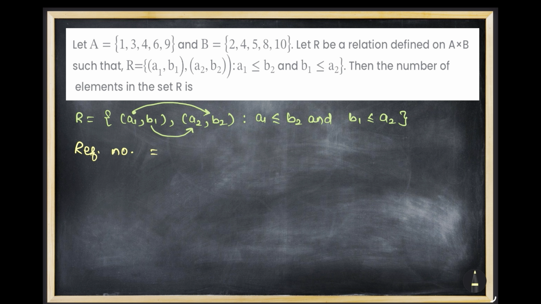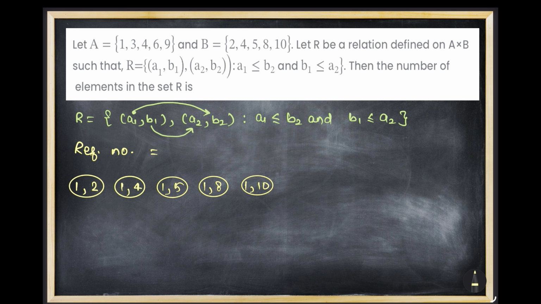I am focused on a1 smaller than or equal to b2. Suppose a1, which means an element from A. Suppose I am considering 1. So I can consider 2, 1 with 2, correct? So 1 with 2, then 1 with 4, 1 with 5, 1 with 8, and 1 with 10.